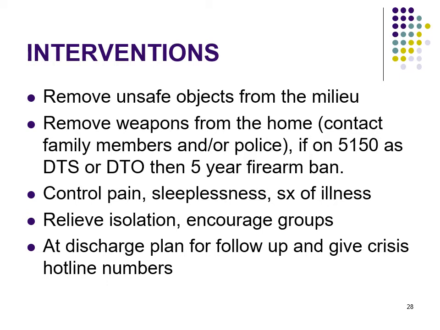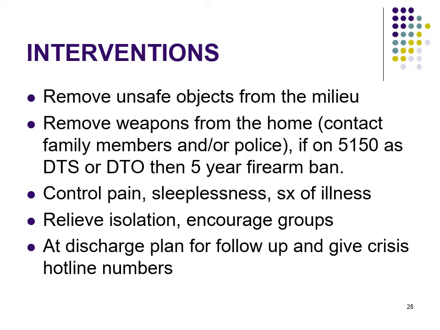If they have guns in their house or weapons, knives that they've stored, getting that out of the home. Sometimes we have to call the police if we know they have a firearm at home. One of the things about being on a 5150 is you can't own a firearm if you've been a danger to self or danger to others for 5 years. There is a hearing you can go to try to make an argument later on why you would be safe with a firearm, but you're not allowed to own one.